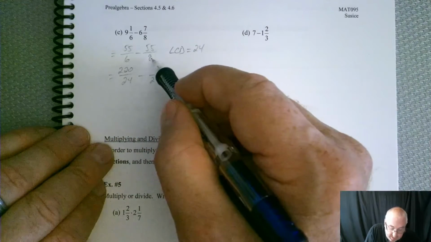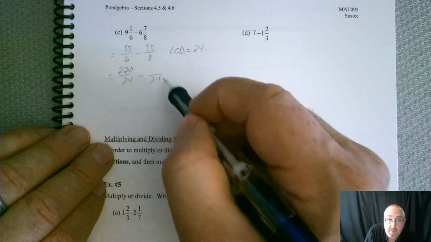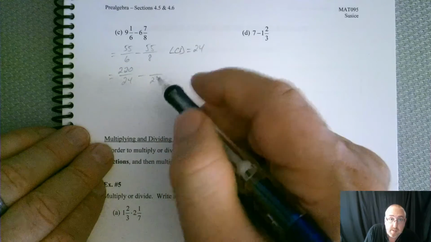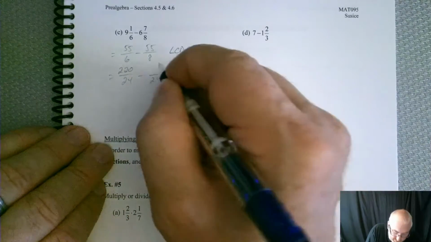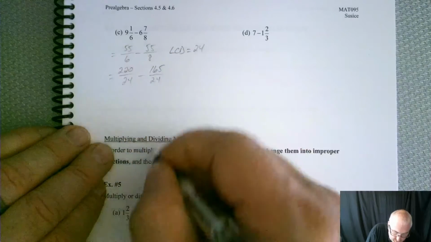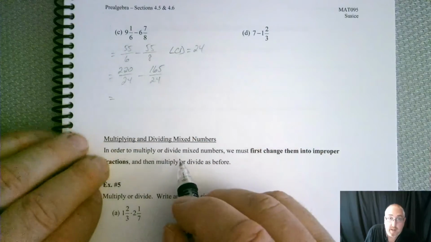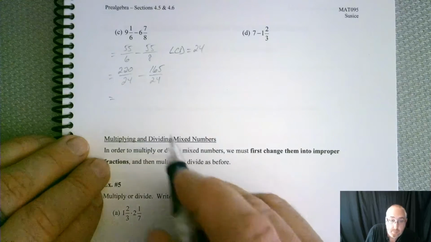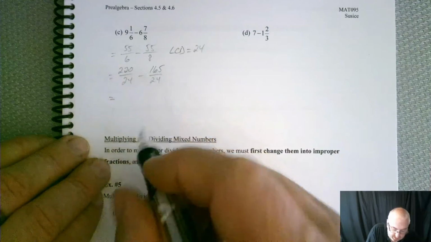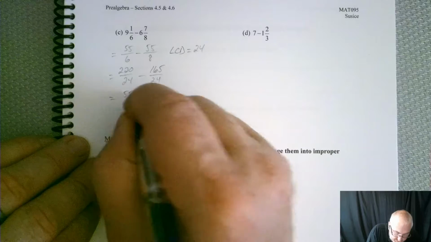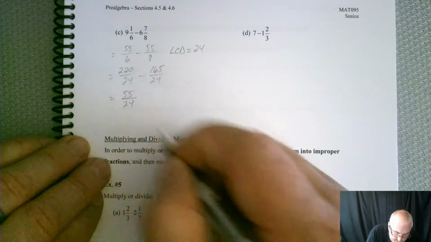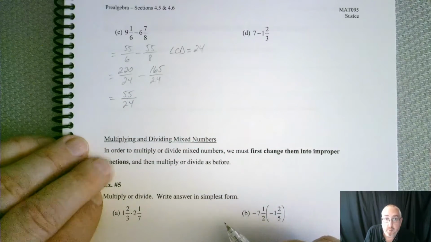And 55 times 3, because we had to multiply by 3 to get to 24. So that's going to be what, 165? And so now 220 minus 165, I want to say is 55. So we have 55 over 24.